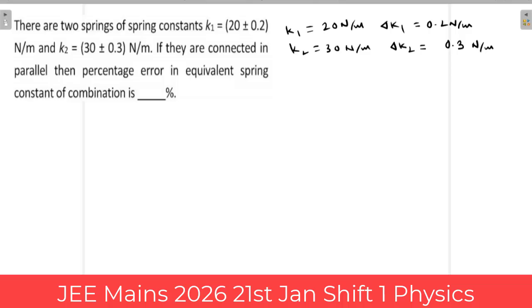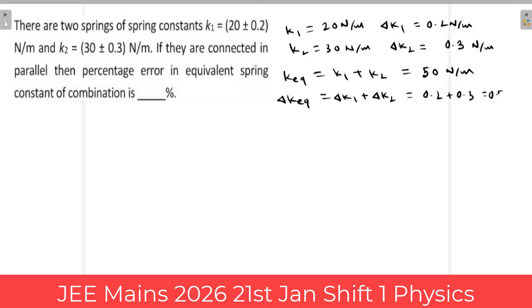Now the equivalent K is K1 plus K2, that is 20 plus 30 is 50 Newton per meter, and the error delta K equivalent is equal to delta K1 plus delta K2, that is 0.2 plus 0.3 is equal to 0.5 Newton per meter.